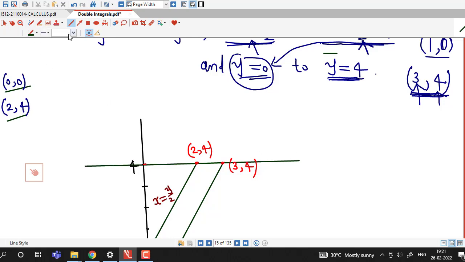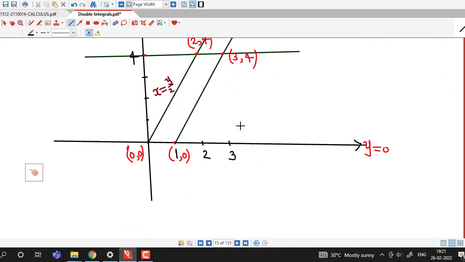This is the line y equal to 4. If we wish, we can extend these lines also. But we are interested in the region which is bounded by these 4 lines.